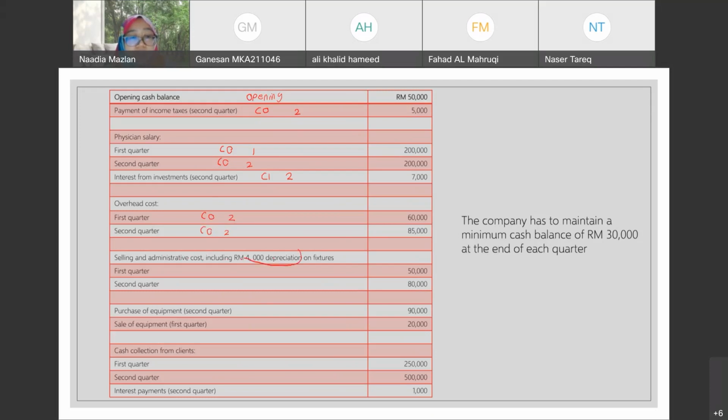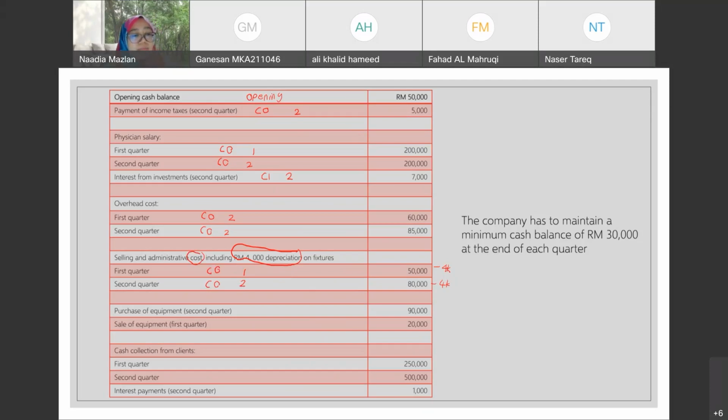Meaning here you need to include all of this minus the 4,000. In the 1st quarter, the selling and administration costs are cash outflow. The 2nd quarter is outflow as well, because this is cost.